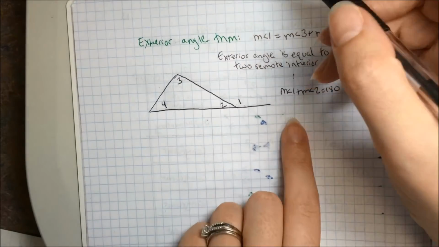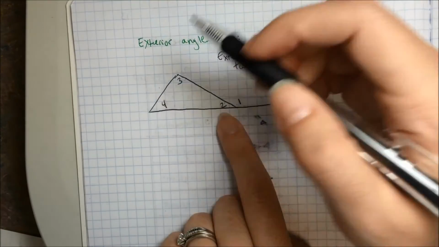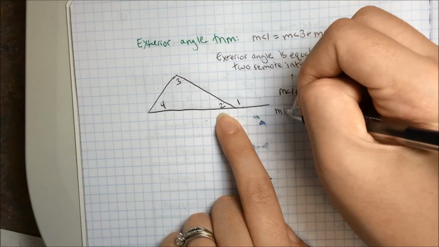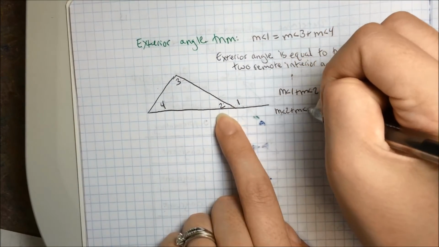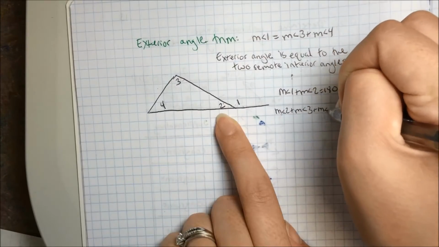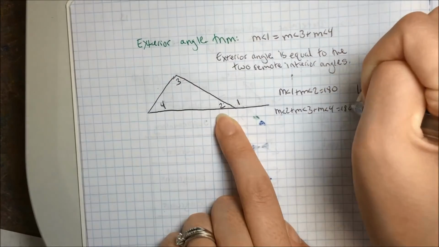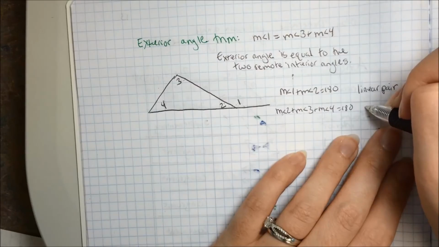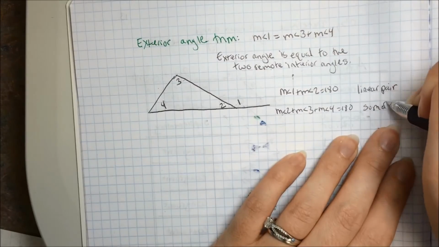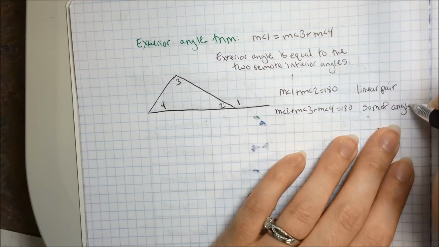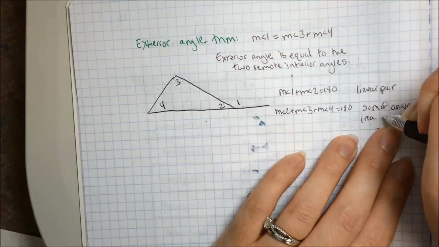I also know that 2 plus 3 plus 4, those three angles, equals 180 because they're the sum of angles in a triangle.